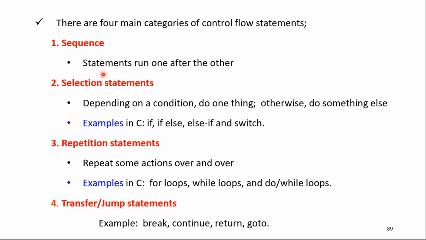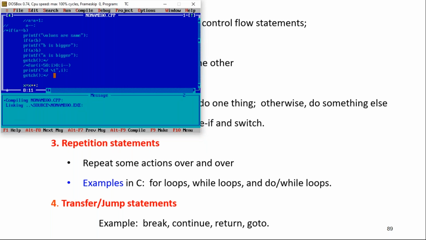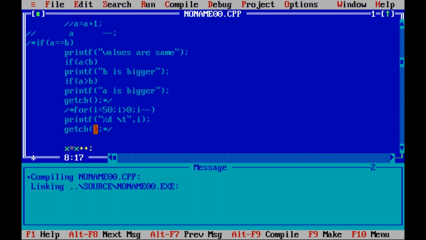In sequence statements, statements run one after the other. For example, we have just seen that if the value of A is greater than B, then that statement will be executed and printed.